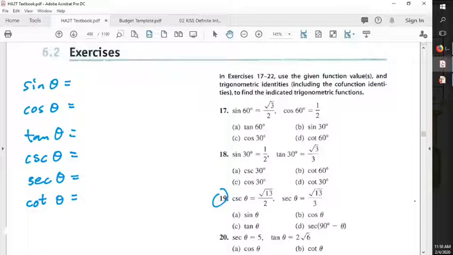We know that cosecant is rad 13 over 2, and secant of theta is rad 13 over 3. Now, here's a cheater way to do it. You could say, I don't want to use identities, I'm going to make a triangle.